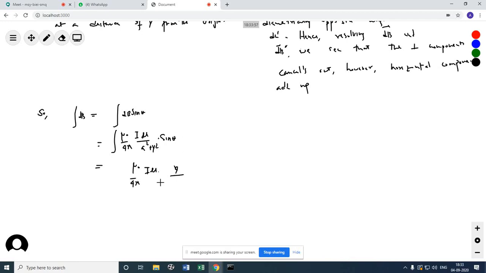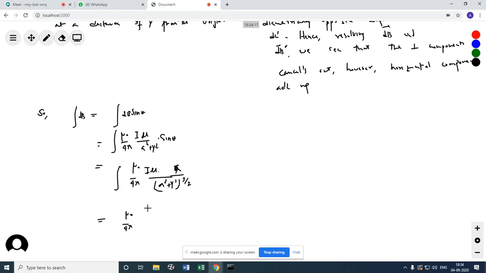Let me do from here now. Total integration would be, dB will be integration of all this dB cos theta.